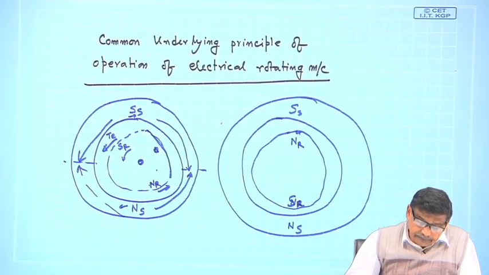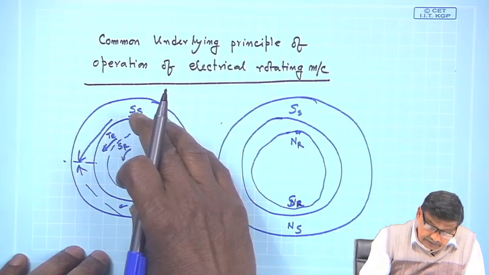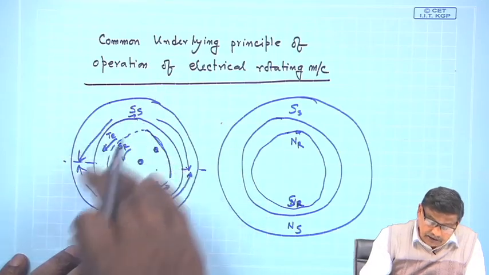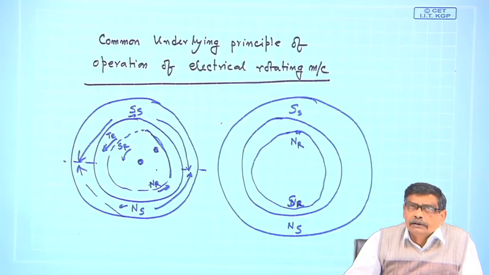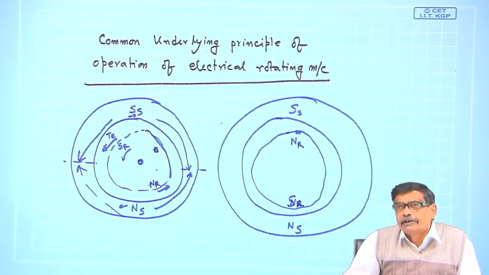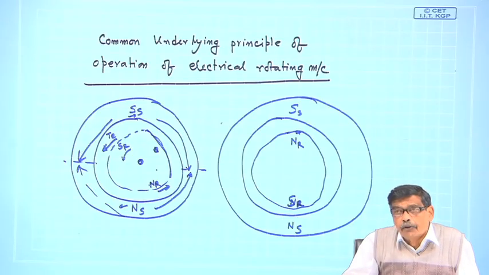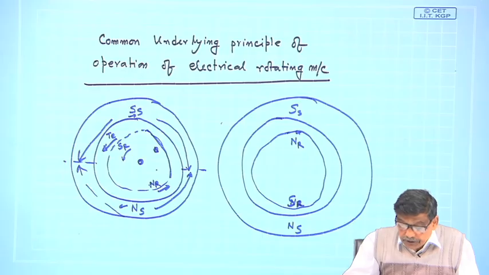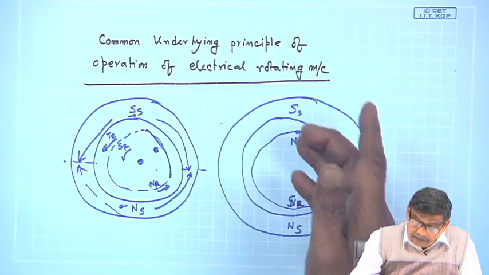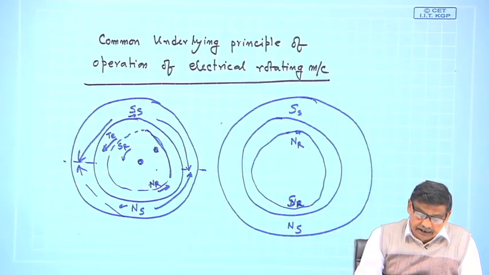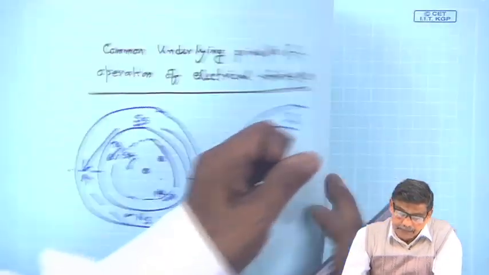Now, the question is, what will I demand from this set of poles of the stator and rotor, so that the rotor will also be rotating and a sustained torque of constant magnitude will be produced? So a sustained torque of constant magnitude is to be produced. Then what condition should I impose on stator poles and rotor poles? Let us examine it. It is very simple, but interesting at the same time.